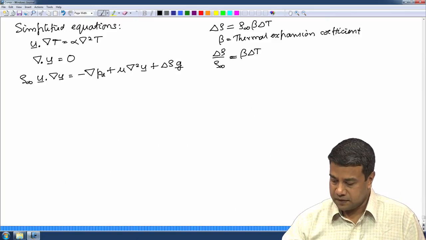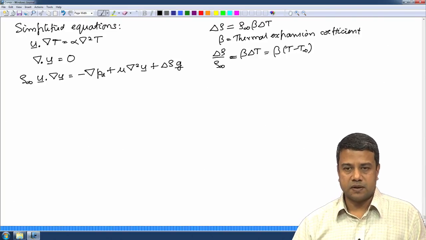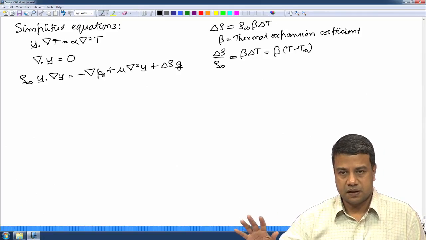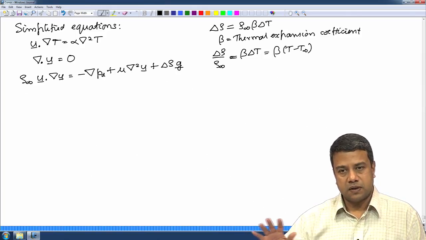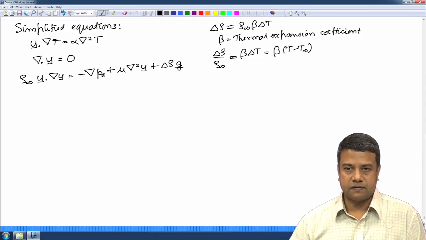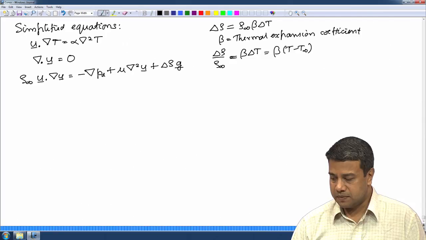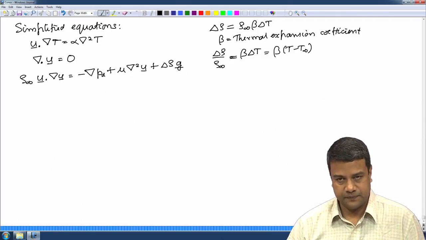Therefore, this is equal to beta into T minus T infinity, because we are taking the reference state far from the object, where the temperature is T infinity and the density is rho infinity. So, delta T is the variation from the temperature far from the object, and the change in density is beta times delta T.